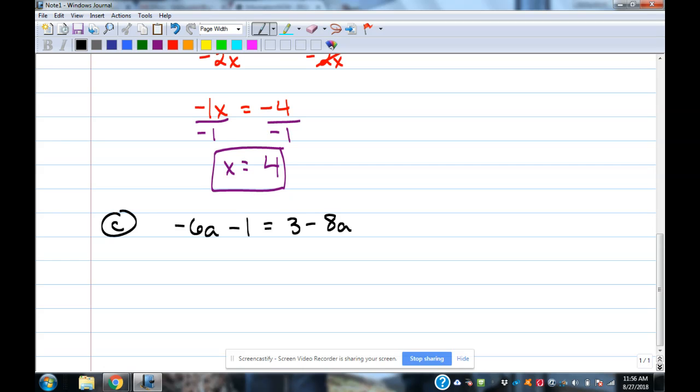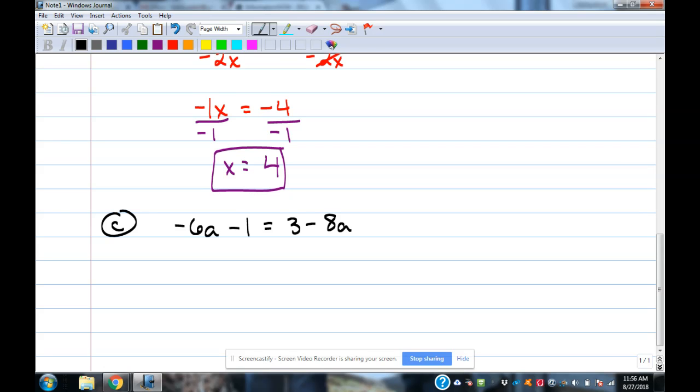Now it's a minus 8. So I treat it as, yeah, you do that like that. Right? Negative 6 plus 8. Yeah, do that.